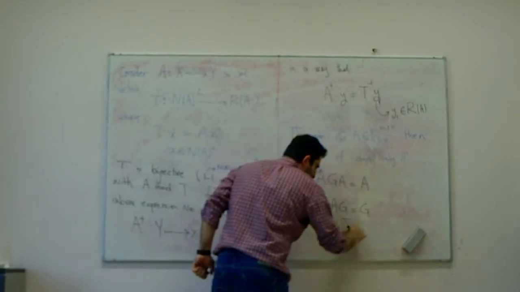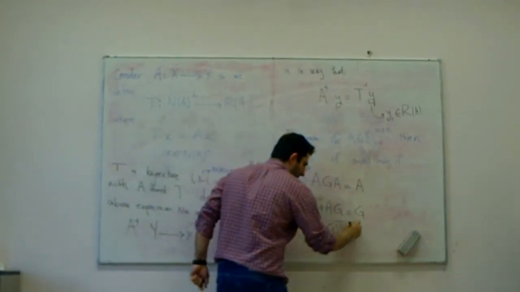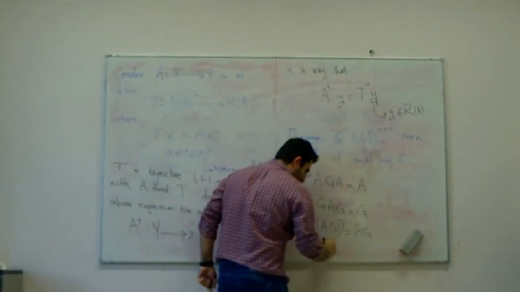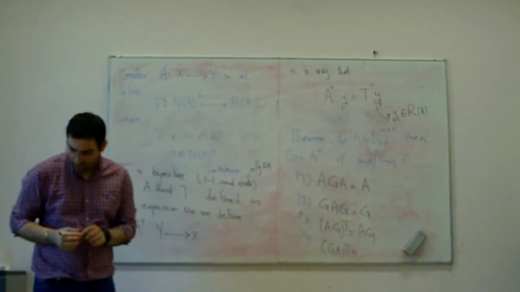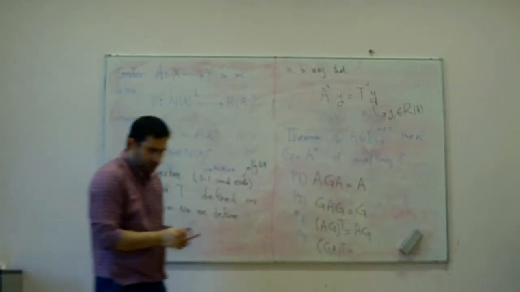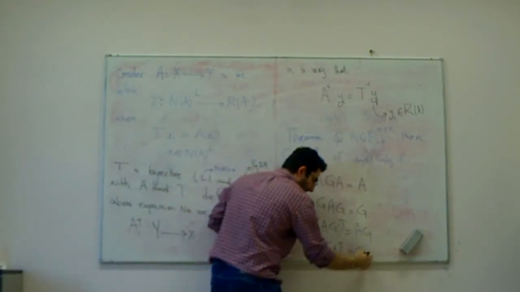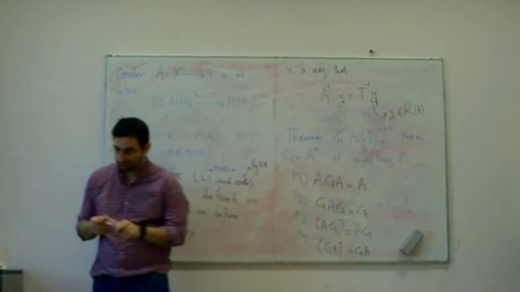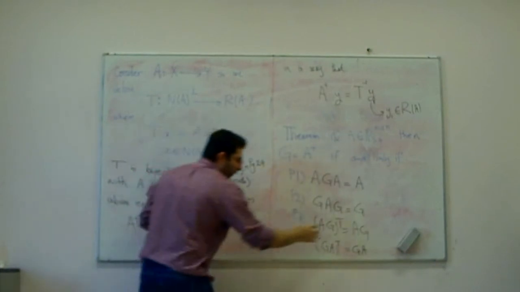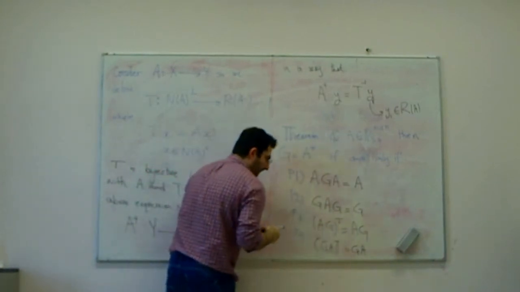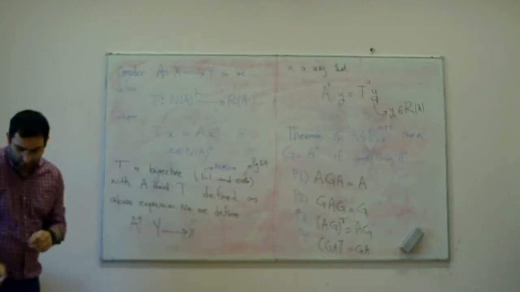AG transpose, if it is equal to AG, and if GA transpose is equal to GA. So if all these four are true, then we say that we have the pseudo-inverse.